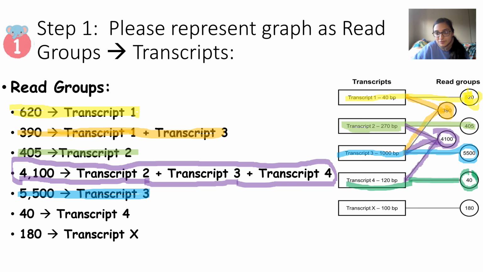So sorry, 40 is coming from transcript 4. And last but not least, this value right here of 180 is coming from our transcript X, and that's where we get this from.